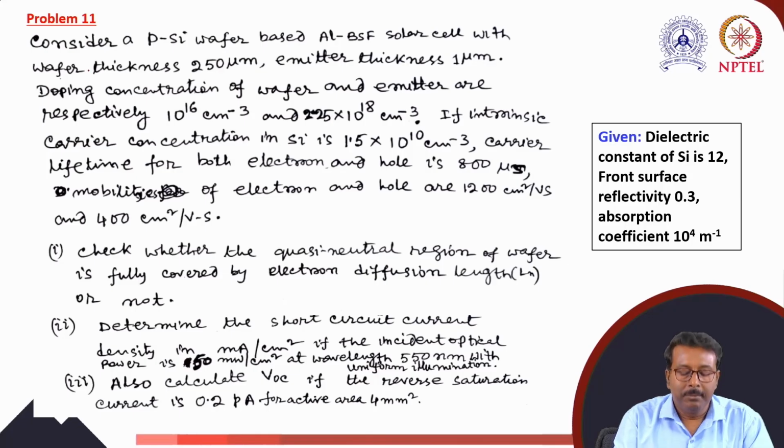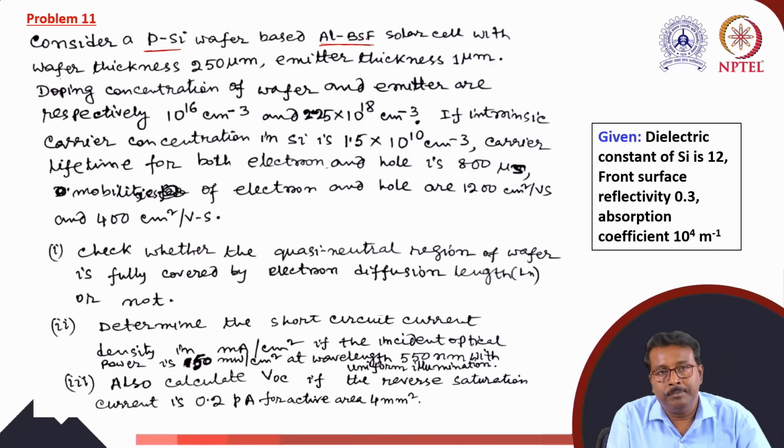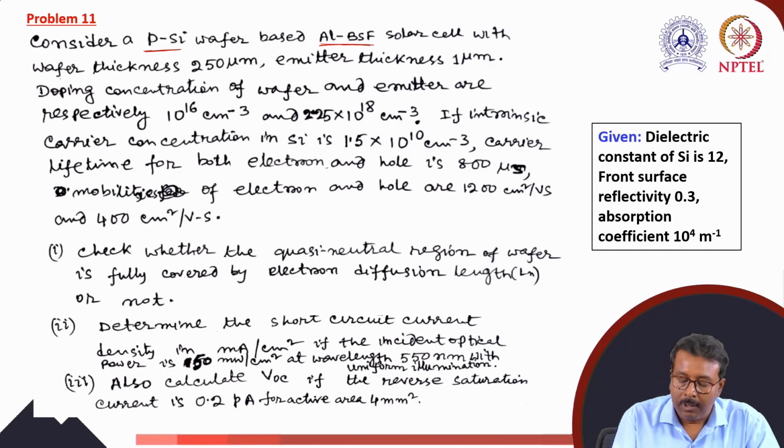In this problem, we have considered a single crystal wafer based silicon solar cell. We have taken a p silicon wafer and aluminum BSF technology, that is the fast successful industrial technology.